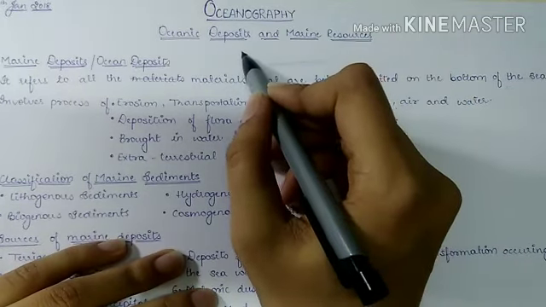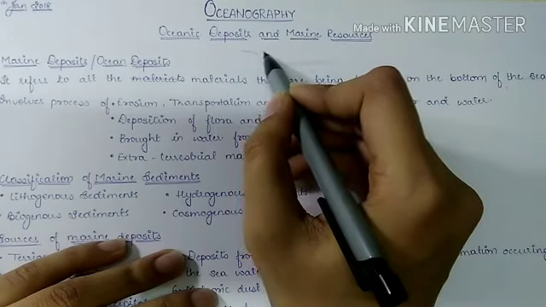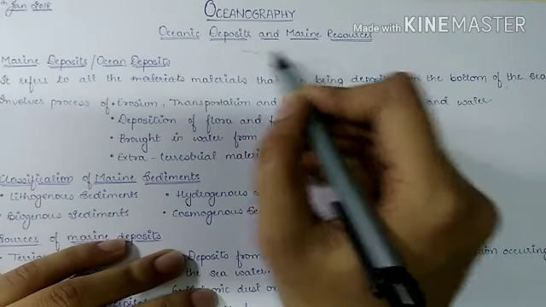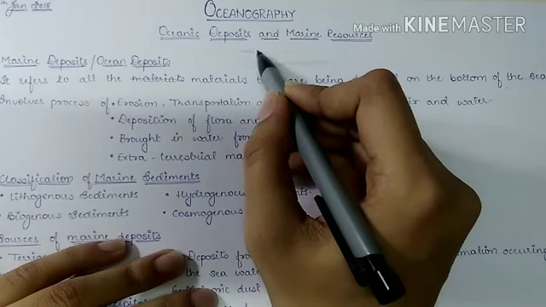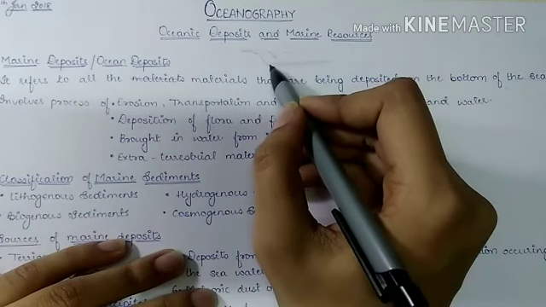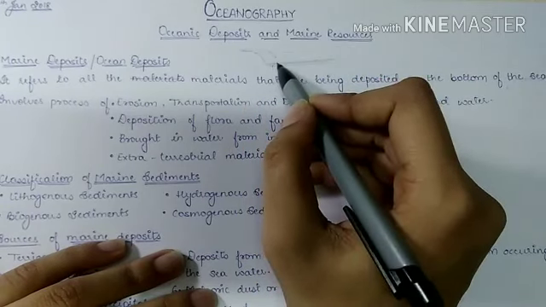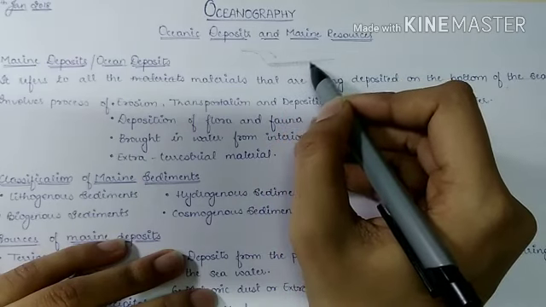So here we have the continental mass, here we have the ocean or water body. The rivers deposit their load ultimately in the ocean, and this load is known as oceanic deposit.